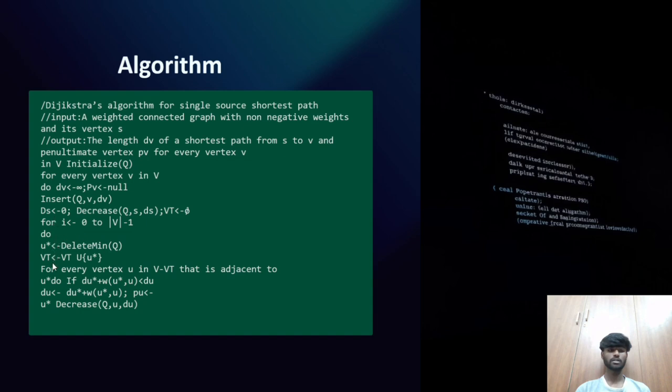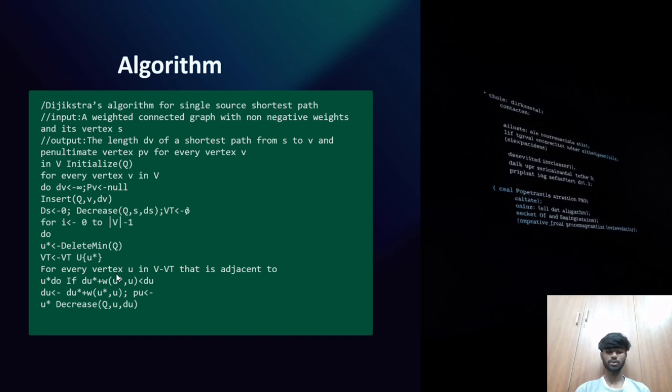Deletion from Q means remove the vertex u* from the priority queue with the minimum dv value, not yet finished, and VT means add vertex u* to the set of visited vertices VT.